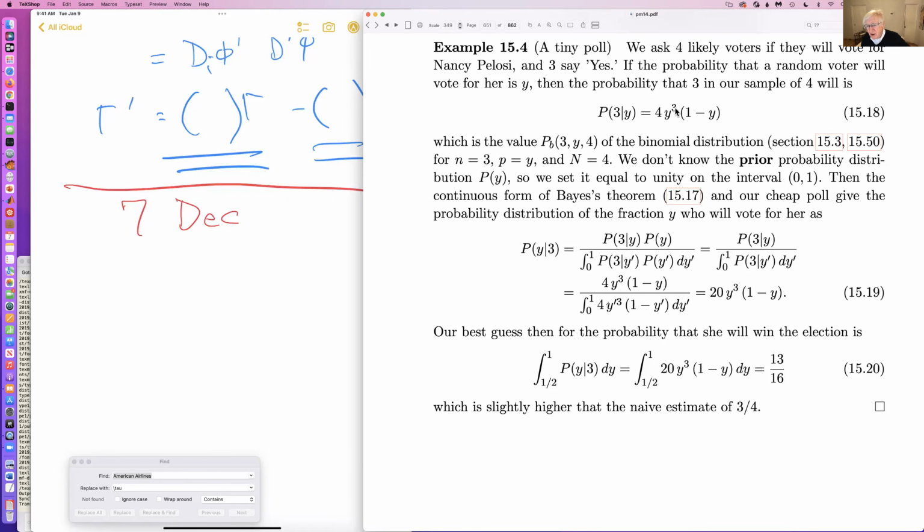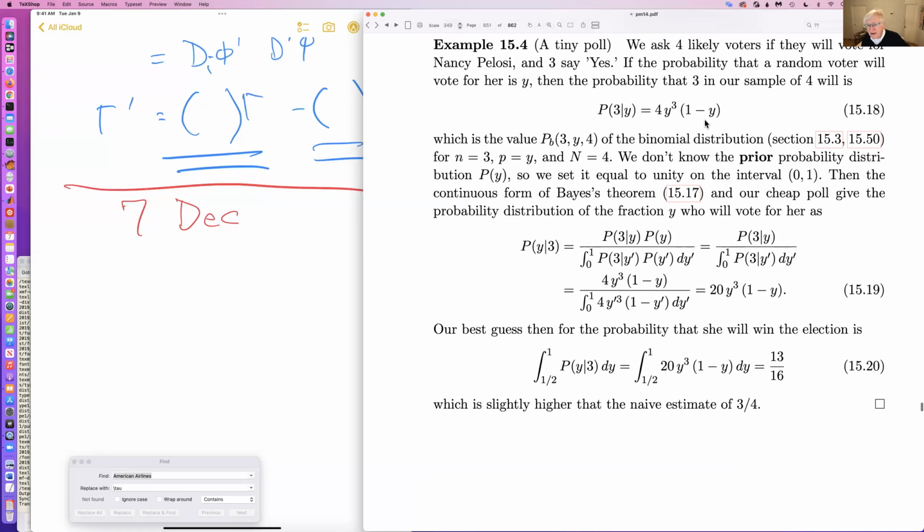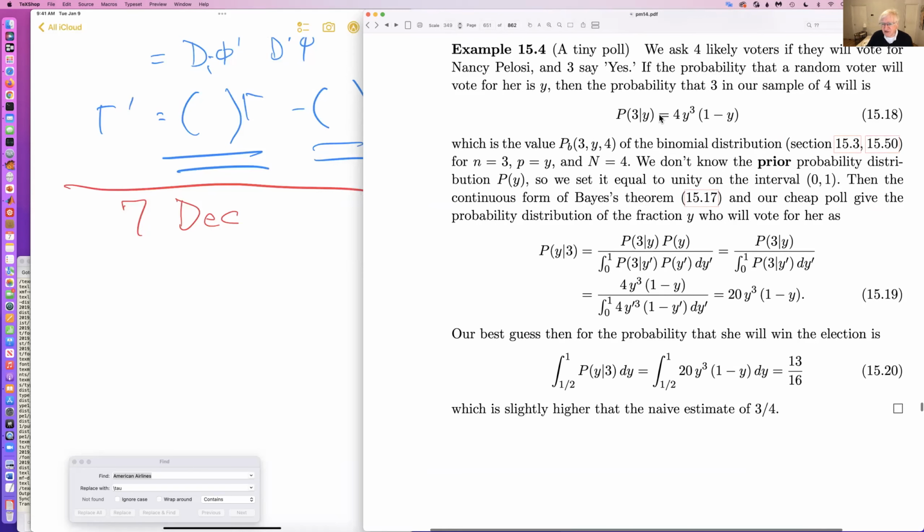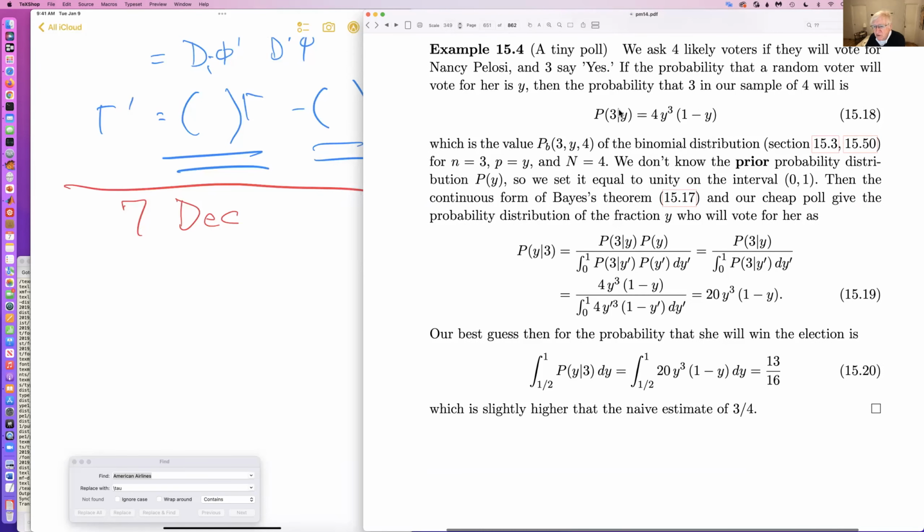Well, there are y cubed, the probability of not voting for is 1 minus y, and there are 4 ways this can happen. This is a term in the binomial distribution, which is defined to be this.